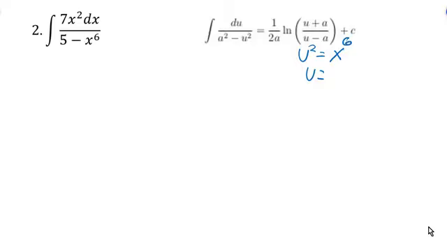So algebraically we know that this u would be x to the 3rd.